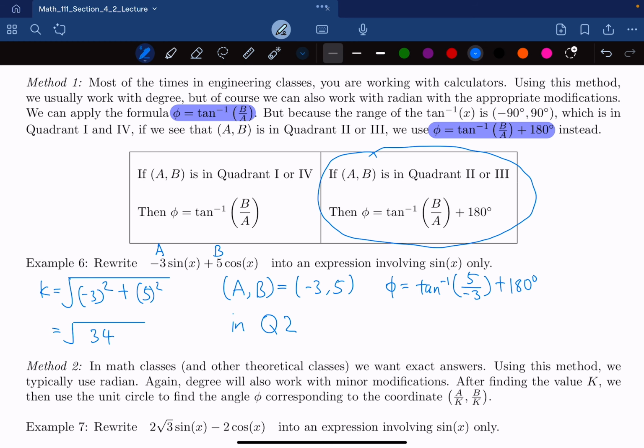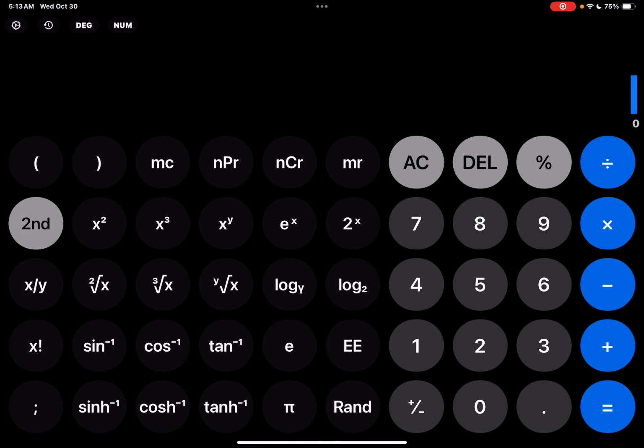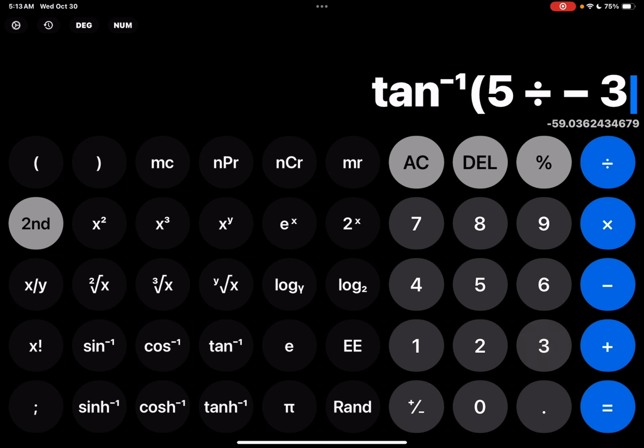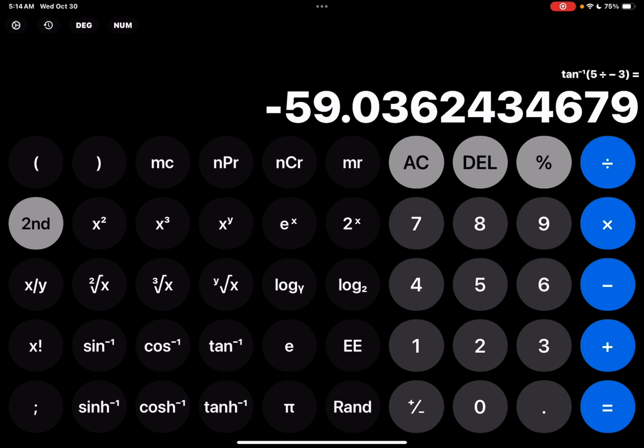Let's go ahead and punch that in. 5 over negative 3. By the way, if I just stop here and press enter, this is the answer I would get: negative 59 degrees. But remember, this is because the range of the tangent inverse is from negative 90 degrees to positive 90 degrees.